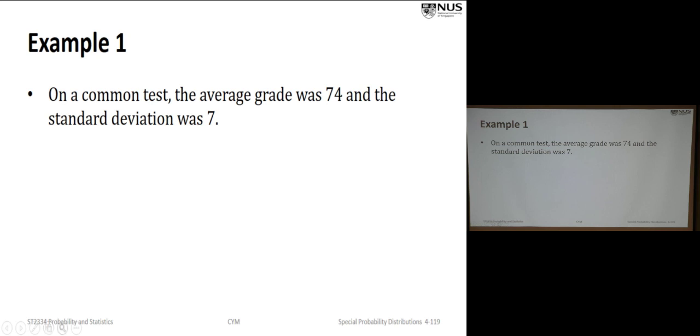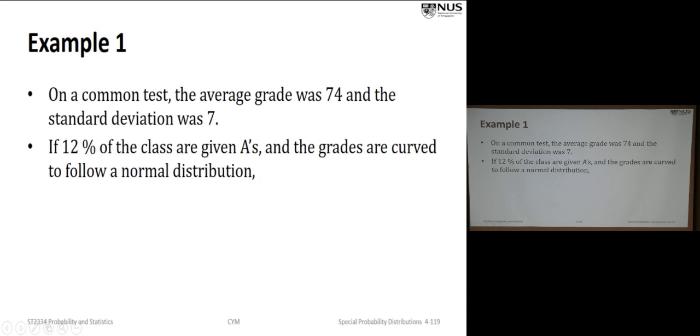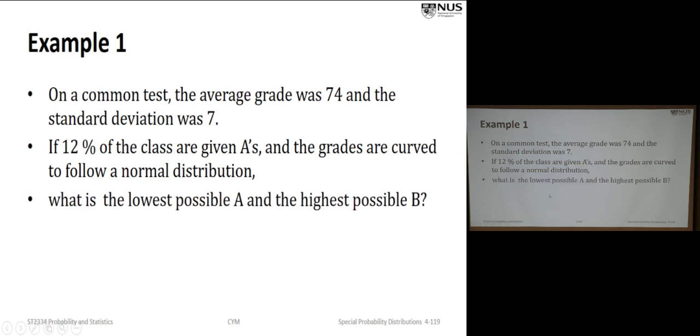So now we know that once we write down the probability statement, we're able to compute the probability. All right. Okay, so let's say we have a common test. Average grade is 74 and standard deviation is 7. So if 12% of the class are given A's and the grades are curved to follow normal distribution, then what is the lowest possible A?